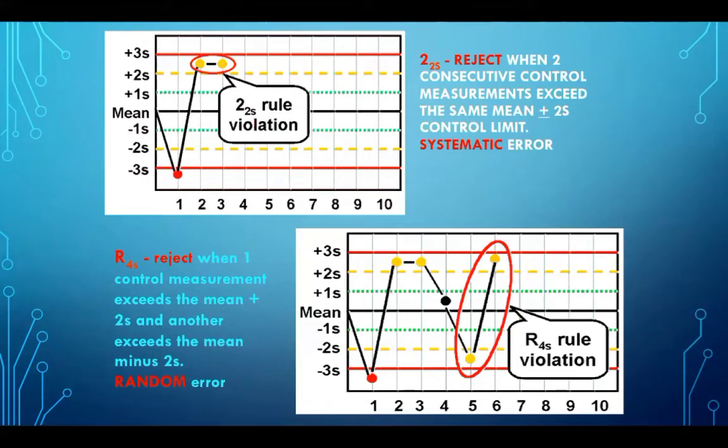If it is again showing variation more than 2 standard deviation, that means something has happened which has started affecting all our results. Previously it was more than 2 standard deviation. Now also it is more than 2 standard deviation. Tomorrow also it may be more than 2 standard deviation. We have to see what has happened.